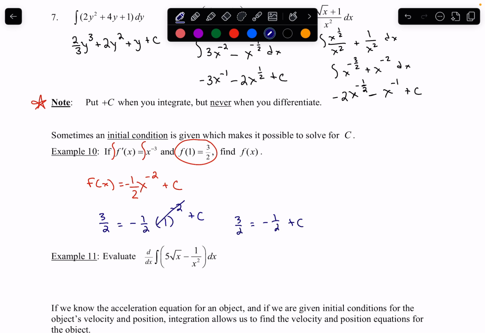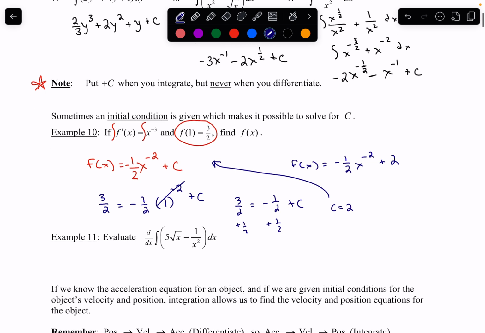So if I add a half to both sides, then that means that c is equal to 2. So now I can plug that into my function up here. F of x is equal to negative 1/2 x to the negative 2 plus 2. I can replace that c value with an actual number, all right?